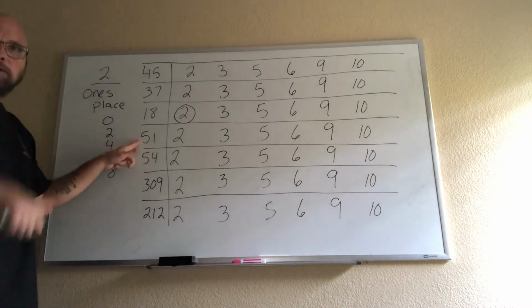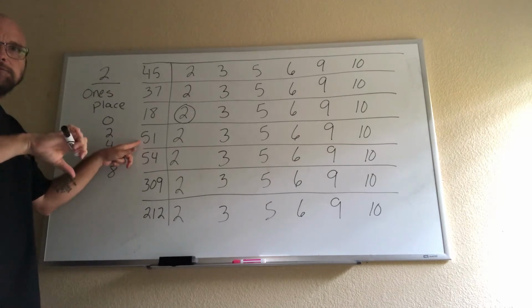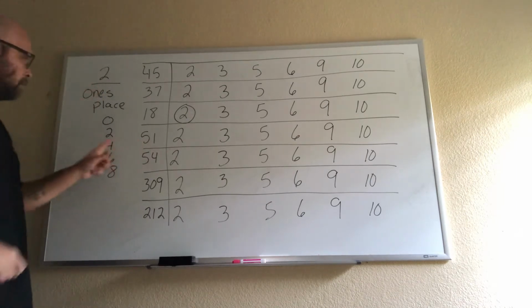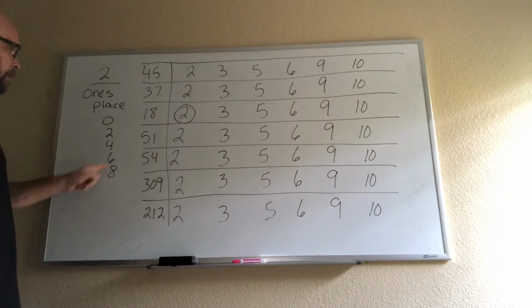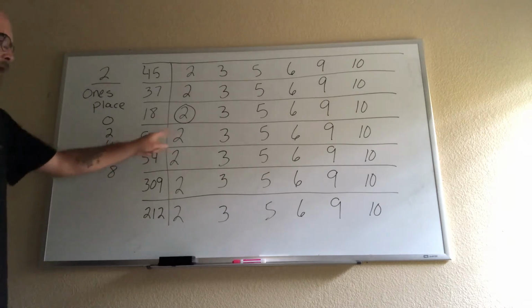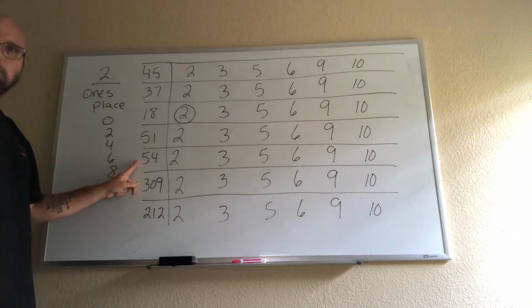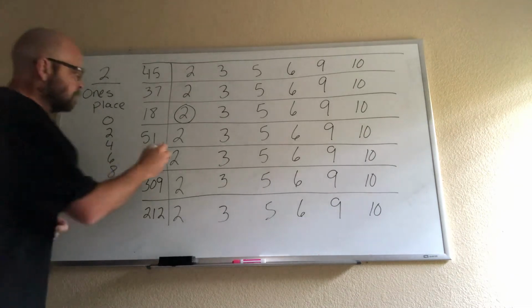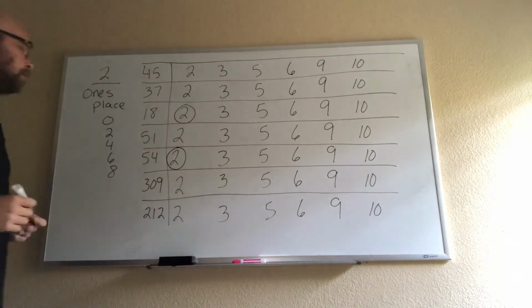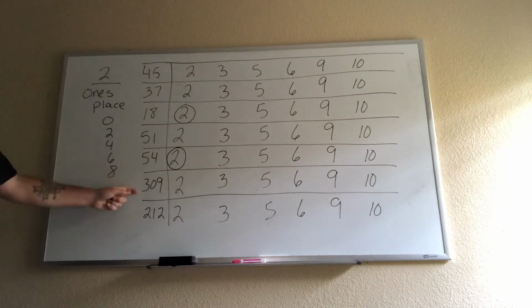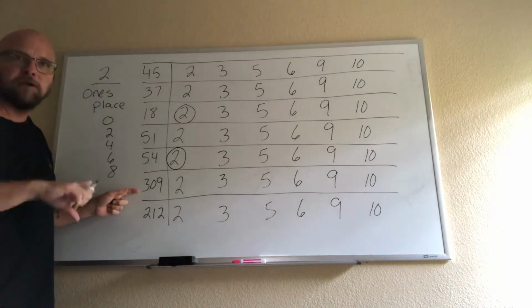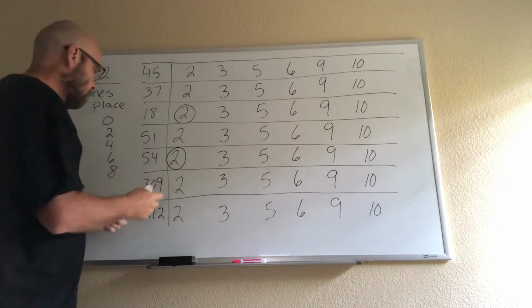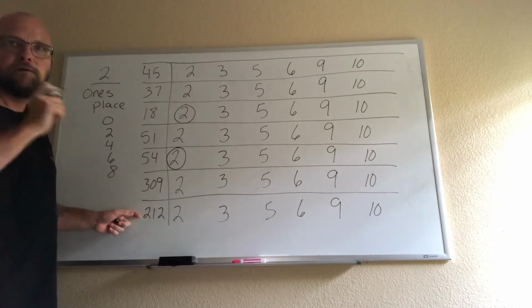What about 51? Thumbs down. It does not have a 0, 2, 4, 6, or 8 in the 1's place, so it is not divisible by 2. 54, thumbs up or thumbs down? Thumbs up. Awesome. So you should have a check in the box for 2 on 54. 309, thumbs up or thumbs down? Thumbs down. 212, thumbs up.